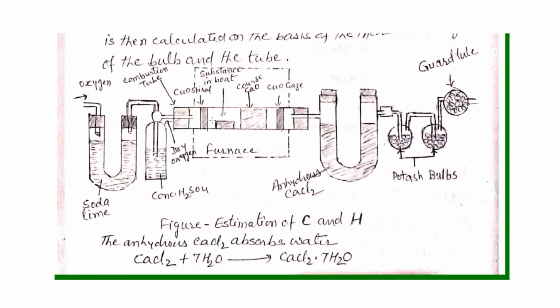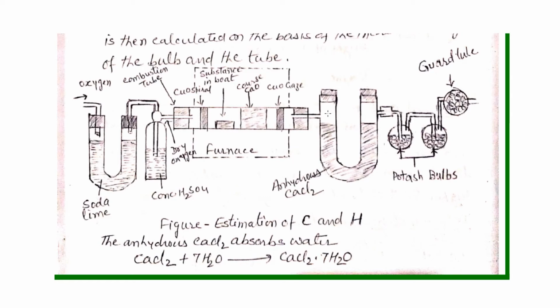So in this boat type crucible we take a known amount of coal, then we put a CuO spiral here, then the CuO, then the CuO gauze, and this tube we will close, and the other end of this tube is connected with one U tube which is filled with anhydrous CaCl2.